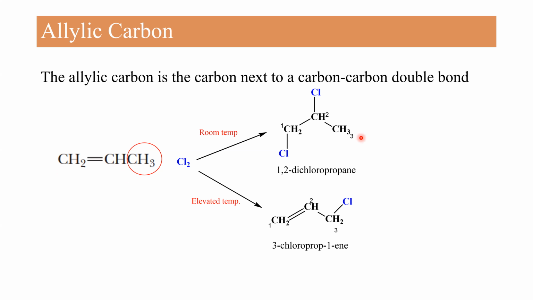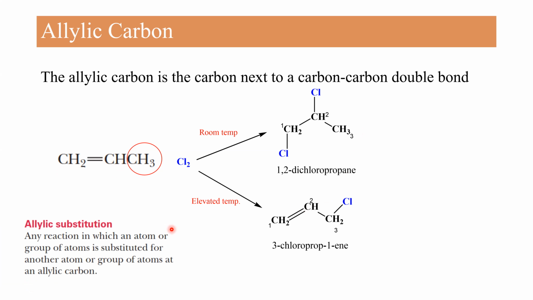So the first one is a kind of addition reaction, while the second type is basically the allylic substitution. So allylic substitution is any reaction in which an atom or group of atoms is substituted for another atom or group of atoms at an allylic carbon.